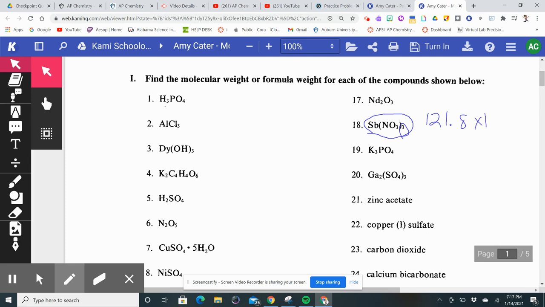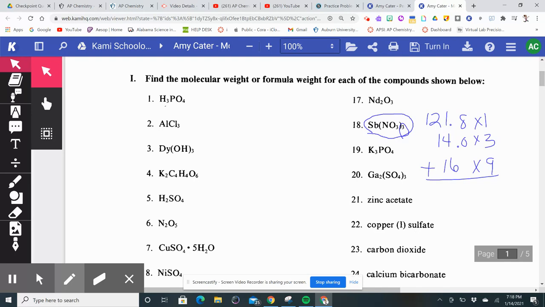So I have 1 antimony. So I have 3 nitrogens, so that's 14 times 3. And then I have 9 oxygens because 3 times 3 is 9. Okay. So I'm going to multiply those things out and then add them all up together.